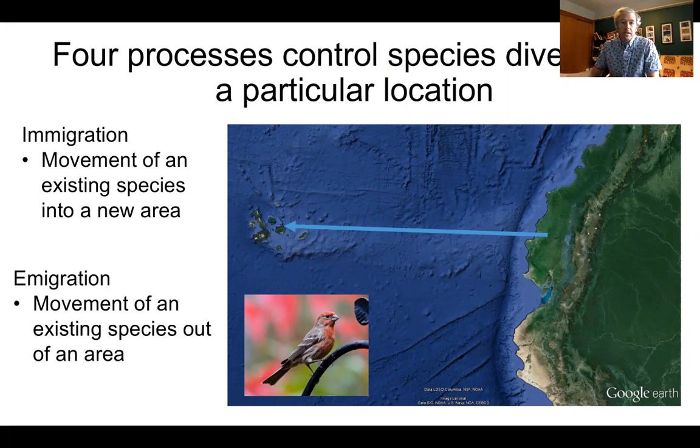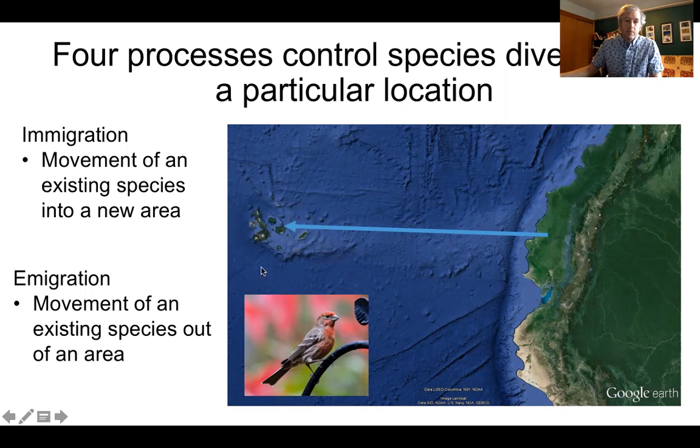So one of the big examples of immigration is the colonization of islands. So does anybody know where this place is? This is the Galapagos Islands, one of the most unique biodiverse places in the world. This is then the coast of Ecuador. The Galapagos Islands were never connected to the coast.